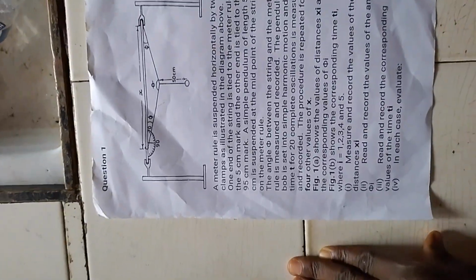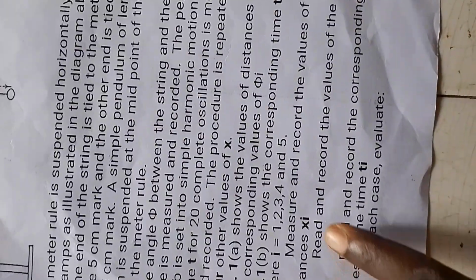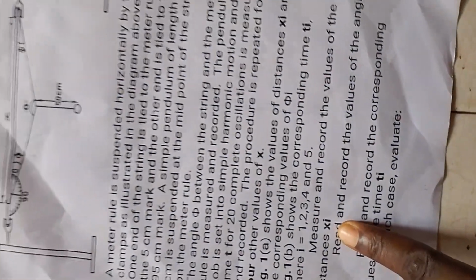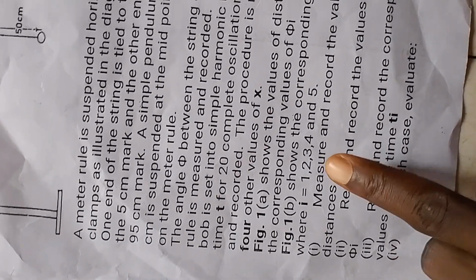You will be provided with a meter rule and some other necessary apparatus. According to the question, we should measure and record the values of distances xi. That is the first one here.